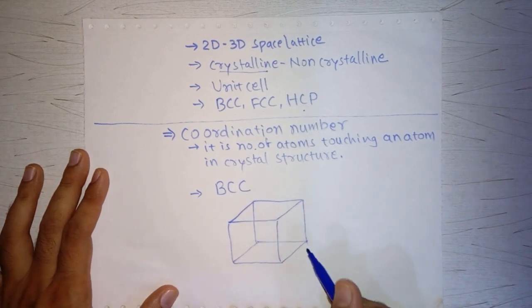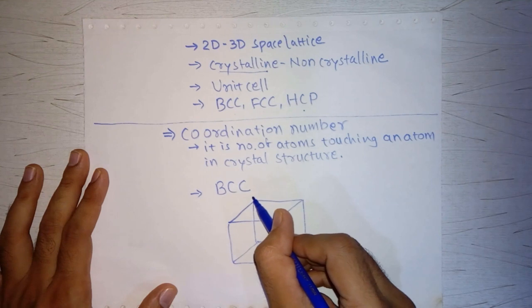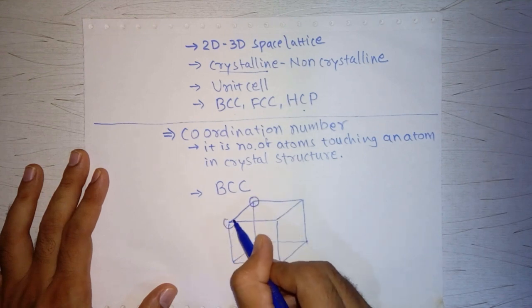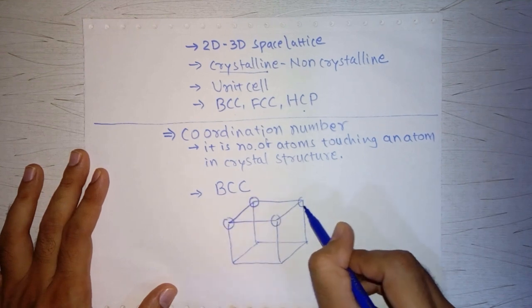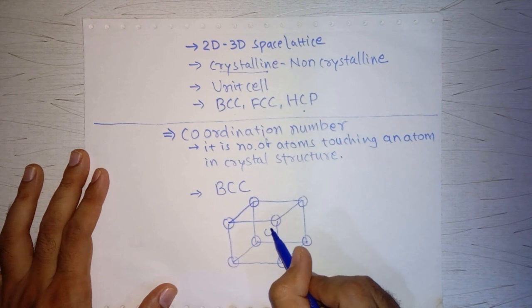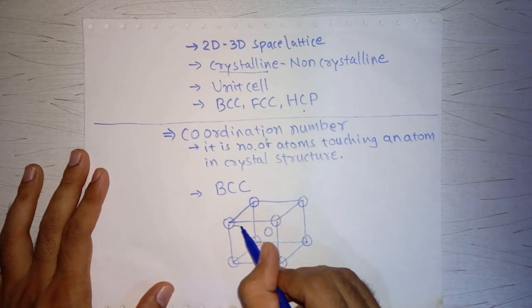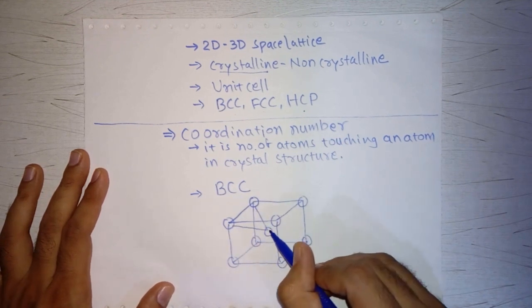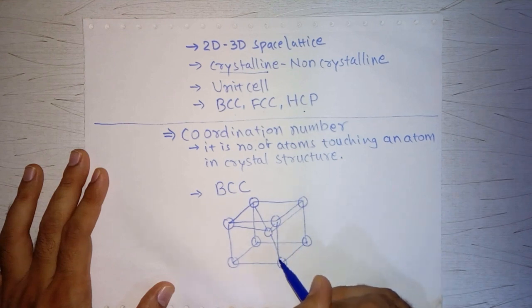As it is a cubic structure, this is a cubic unit cell, and we have atoms at each corner as well as one atom at the center. So this way we represented the BCC unit cell.